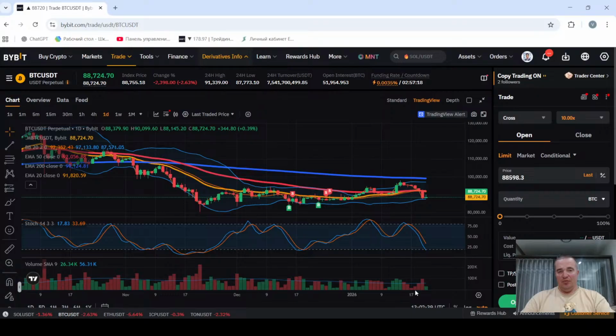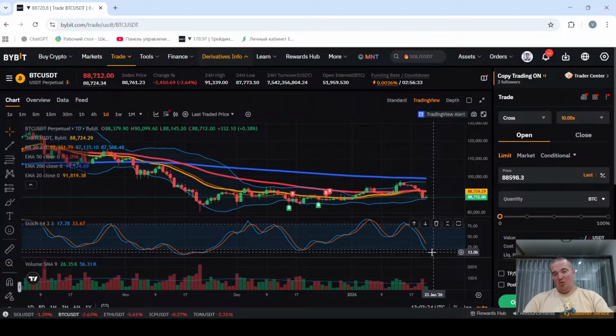Those three give us approximate direction and levels of support or resistance for trading. I'm also using Bollinger Bands, which show us volatility, and stochastic, which shows us oversold or overbought zones, and volume, because volume is important.